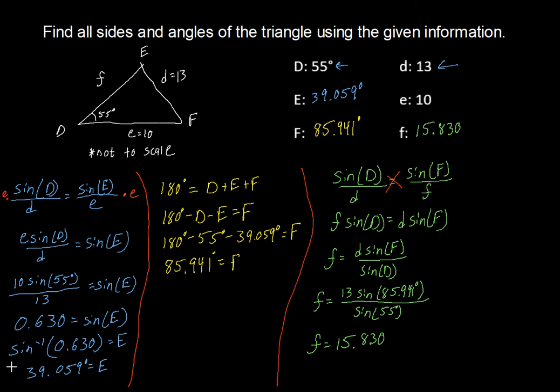And if you do, then things can get messed up and you could run into an error. So be very, very careful anytime you use that inverse sine. You always want to solve for the smallest angle using law of sines, or at least the middle angle, or ideally use that law of cosines. Law of cosines will never mess you up when you hit that inverse. Law of sines might, so be very careful with that.